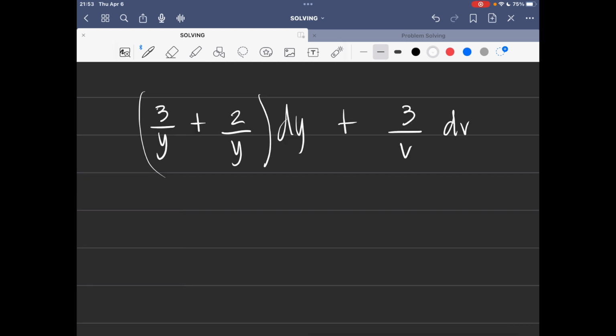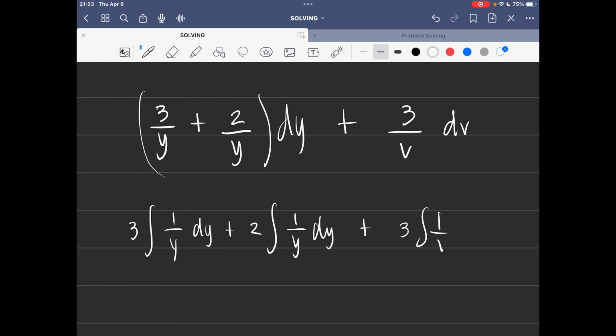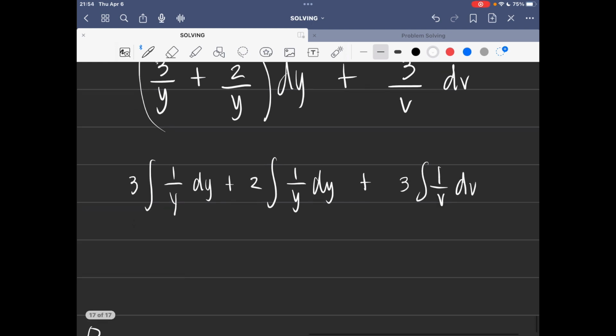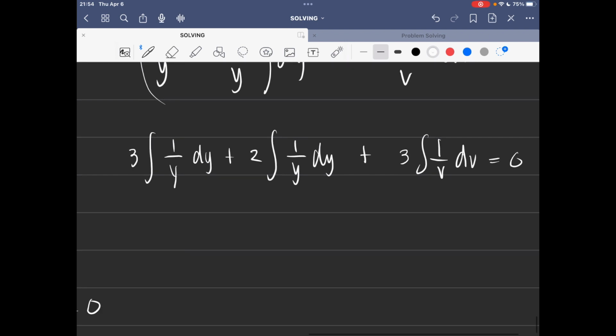So the integral of 3, we are just going to put the constant outside, 3 dy over y plus 2 times 1 over y dy, plus the constant outside, 1 over v dv, is equal to 0.